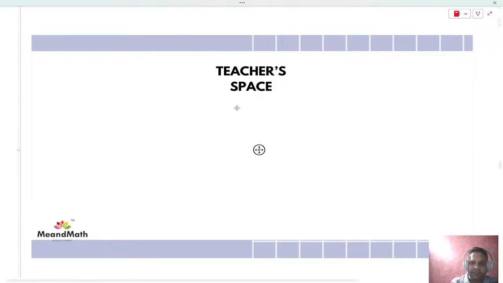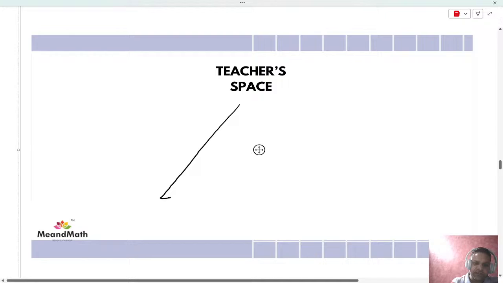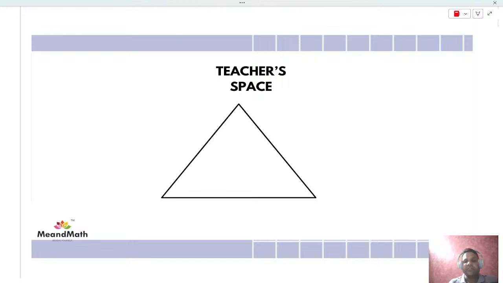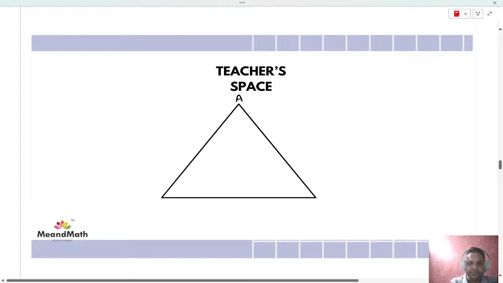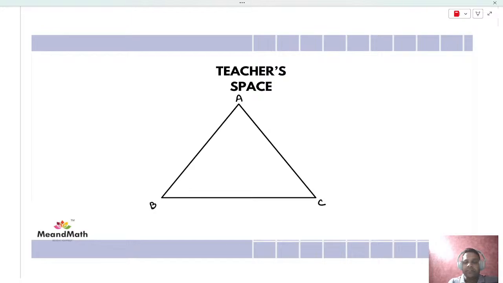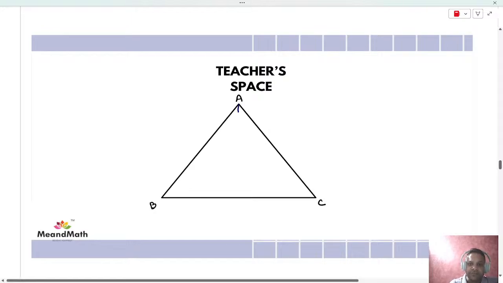Let's solve the question, so we will draw the diagram of the triangle. Okay, so this is triangle ABC. In triangle ABC we have to draw the angle bisector of A. So this is the angle bisector of A. Angle bisector means the angle is divided into two equal parts, so it's A by 2 and A by 2.